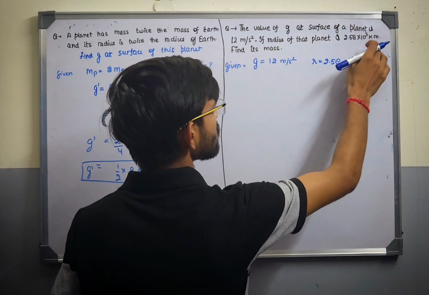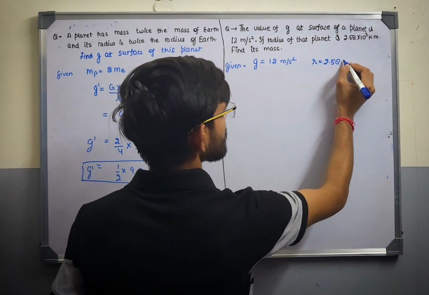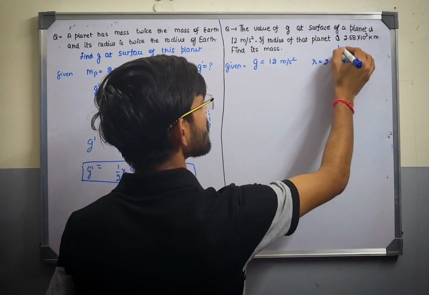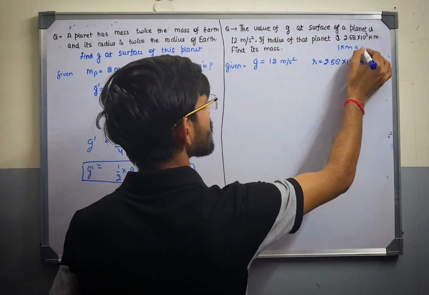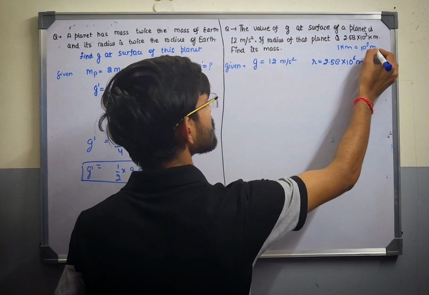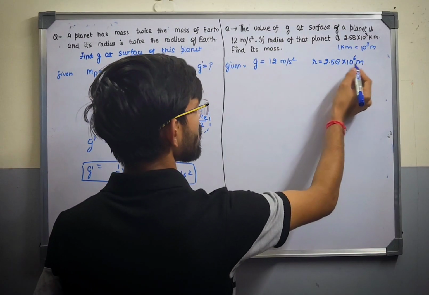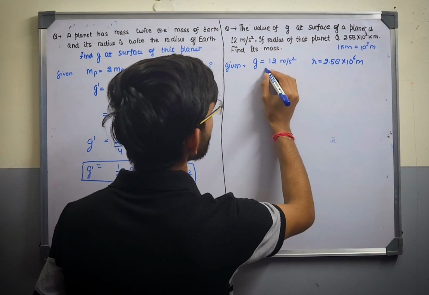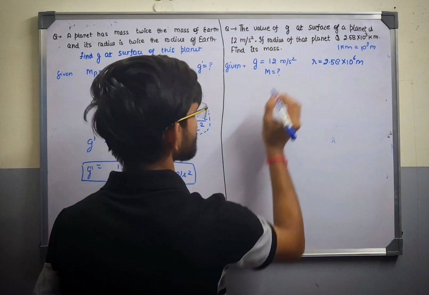If we convert this into meters, I can write this as 10 raised to power 6 meter, because 1 kilometer equals 10 raised to power 3 meters. So this is 2.58 into 10 raised to power 6 meter, and we have to find mass.